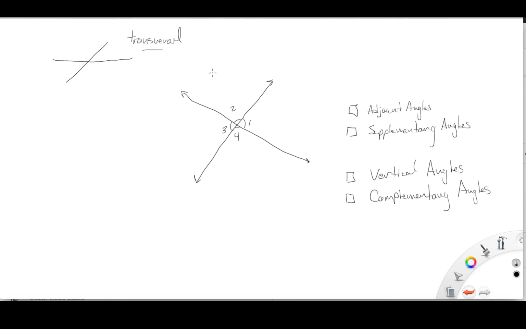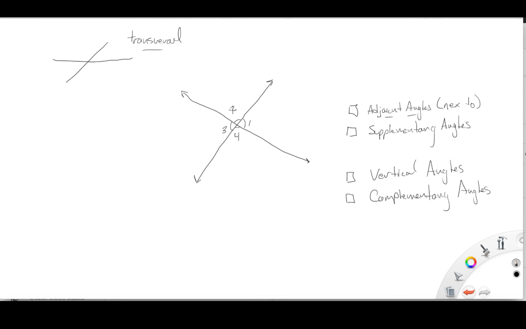Let's look at these angles. First of all, you have what are called adjacent angles. We're going to start with this term right here. Adjacent, the term that might make a little bit more sense is next to. So number 1 and number 2 are adjacent angles. Number 1 and number 4 are adjacent angles.